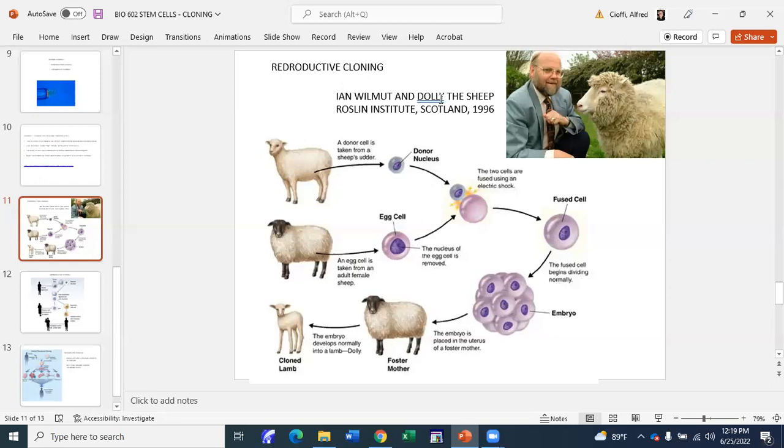And in Wilmut's own words, and you can look it up, he used the name Dolly in honor of the prodigious mammary glands of Dolly Parton. That's why, just tongue in cheek, he ascribed to himself the privilege of taking her name because of the origin of the somatic cell.